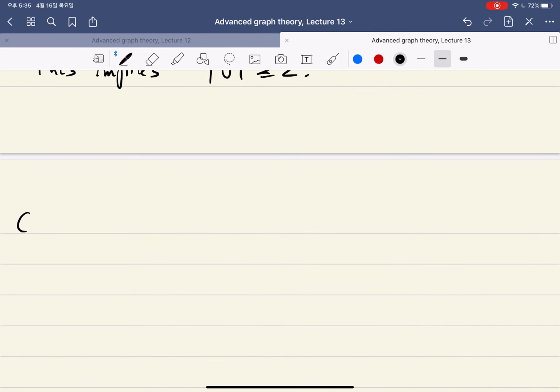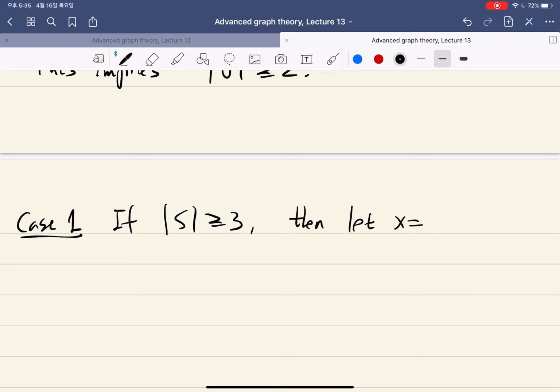So let's consider two cases. If U has size at least 3, then we can just let X be G. X is the vertex that we want to find.